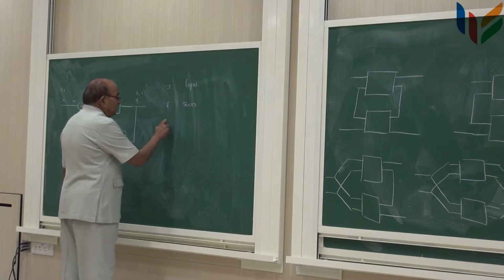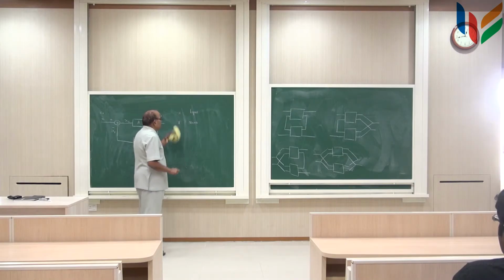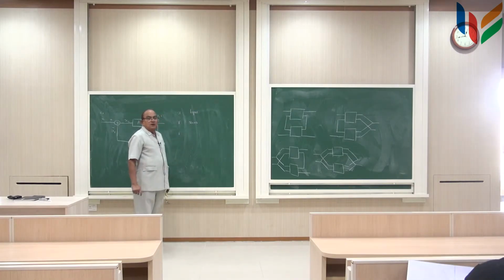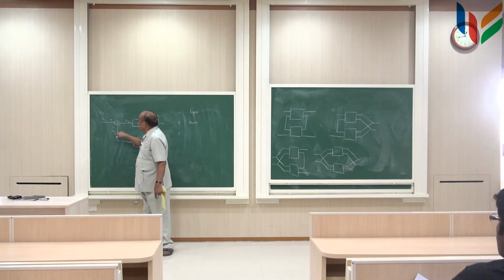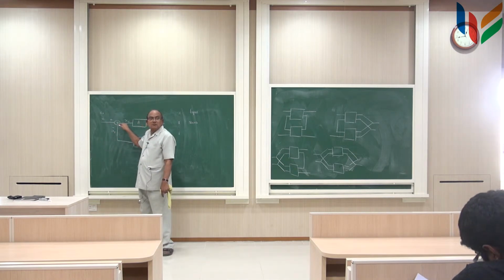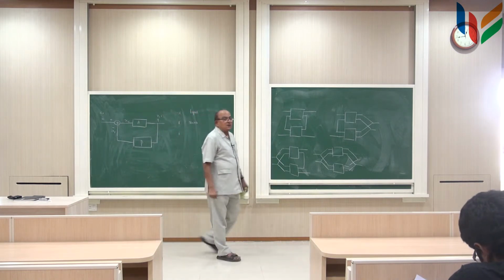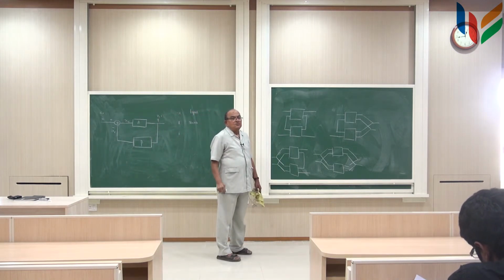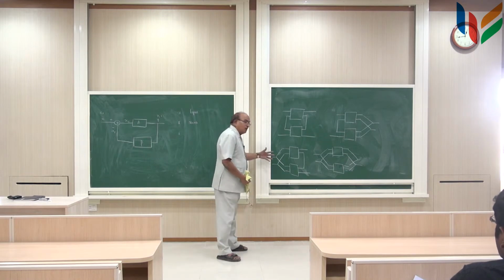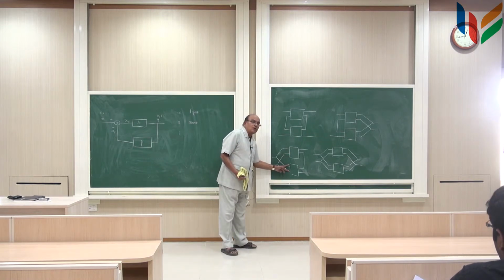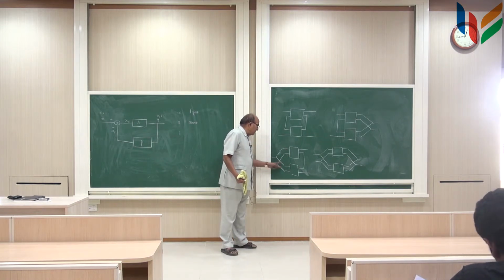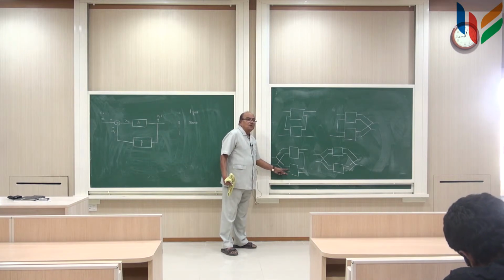If X happens to be current, so this also means a difference in the current must be going into this network. Which will be the situation in that case? Parallel, right? Because the input current is now breaking into two currents. So this current is equal to this current minus this current.